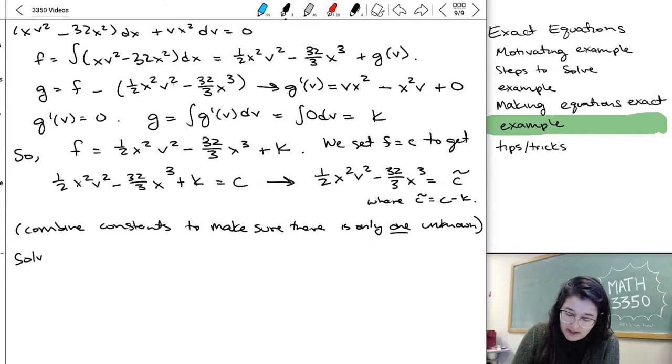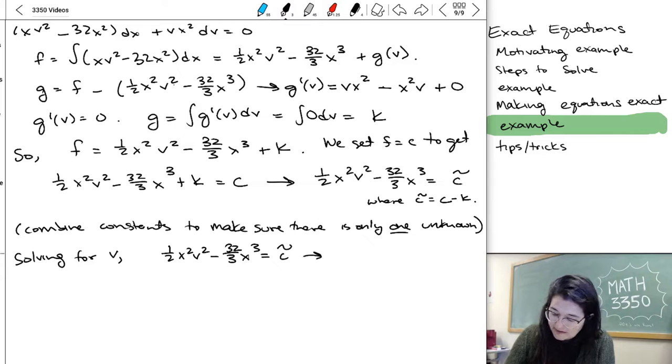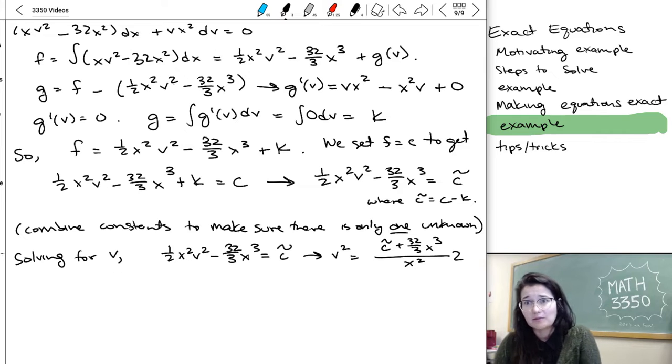So solving for v, we have 1/2 x squared v squared minus 32 over 3x cubed equal to c tilde. Gives us v squared is equal to c tilde plus 32 over 3x cubed, all of it divided by x squared times 2. Dividing by a half is multiplying by 2.